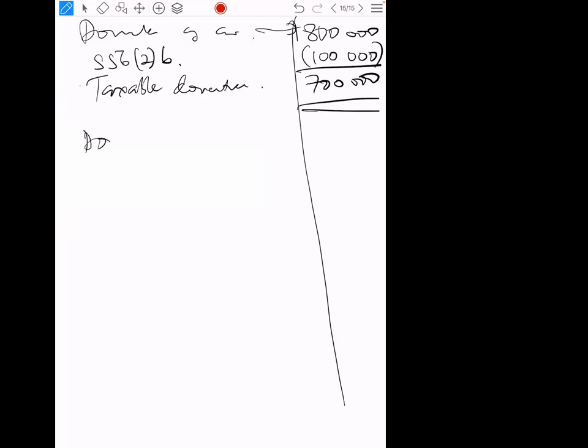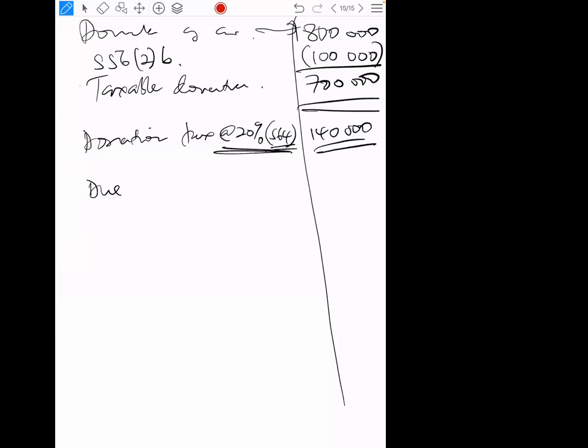Then I say donations tax now at 20%. I have to quote section 64. We'll get to 64 soon. It is the one that tells us the rate of donations tax. That's how we work out our answers for the purposes of CTA. Right. Its due date, let's say it was in February.